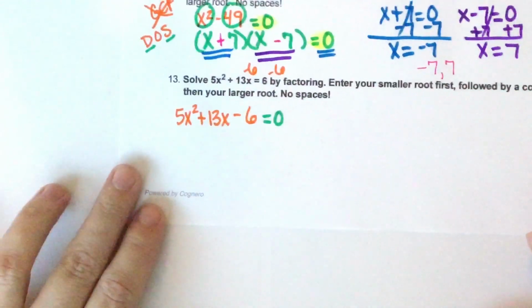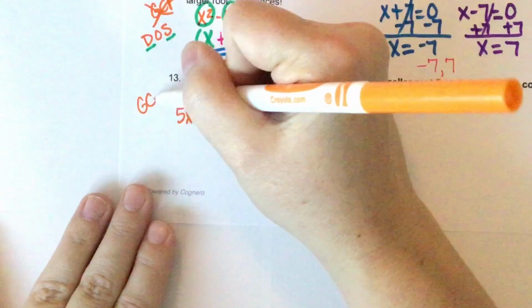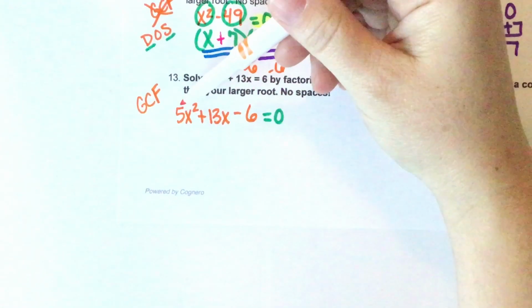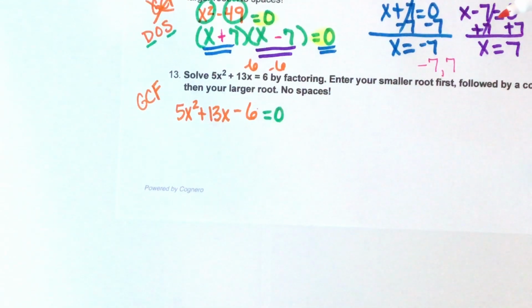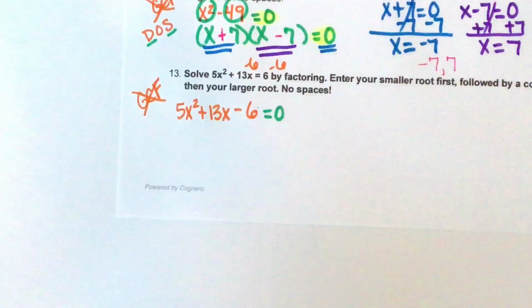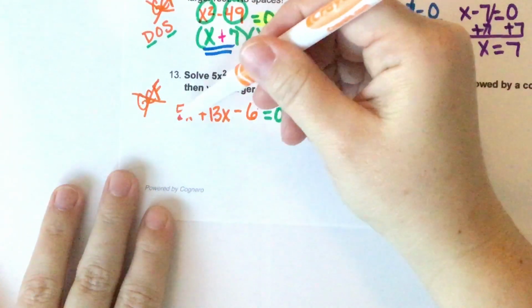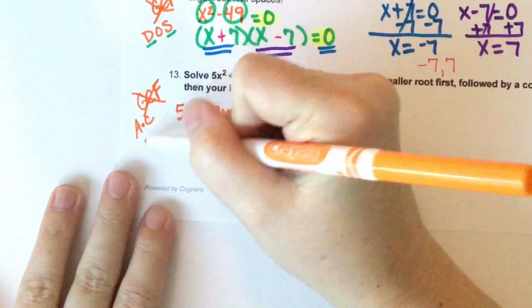Okay, at this point, I'm going to factor it. So first rule is to look for a GCF. So I look to see if something can divide into 5, 13, and 6, and nothing can. Then they don't all have x's, so there's no GCF. Then I count that there's 1, 2, 3 terms, so I am going to do a times c, rooftop it.